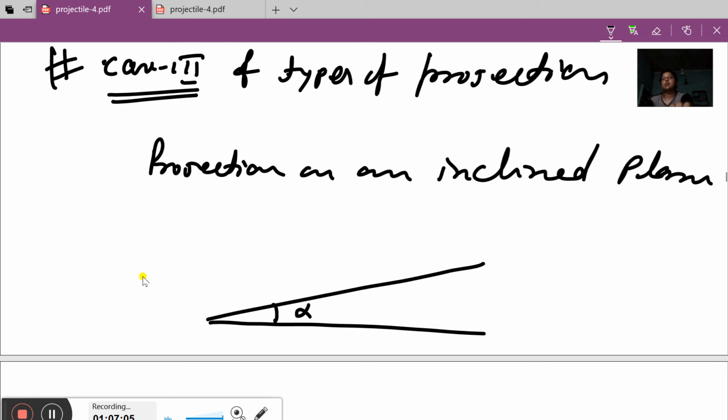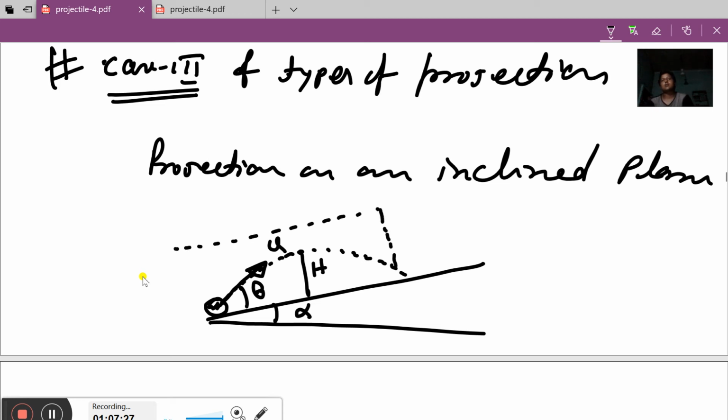Angle of inclination is alpha. A projectile is projected with a speed u at an angle theta. Body goes like this. Greatest height is this. Horizontal range is this length, this length is R. Time of flight is T. We have to calculate R, T and H.